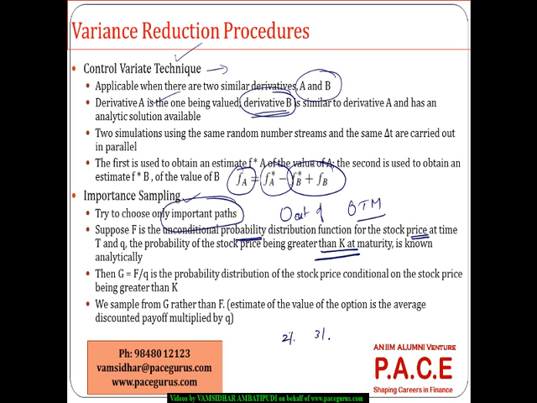Then what we are saying is I'm going with G, which is nothing but F by Q, which talks about the probability distribution of the stock price conditionally that it is greater than K. And we generate the samples only for G rather than the whole of the original distribution. And from there we find out the payoff and we multiply it by Q to go back to the original data. So sometimes to simplify the computation procedure, we can use even the importance sampling as well.